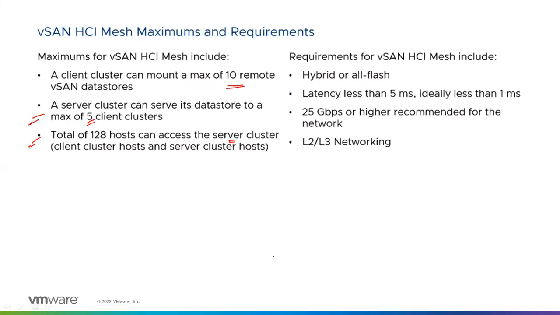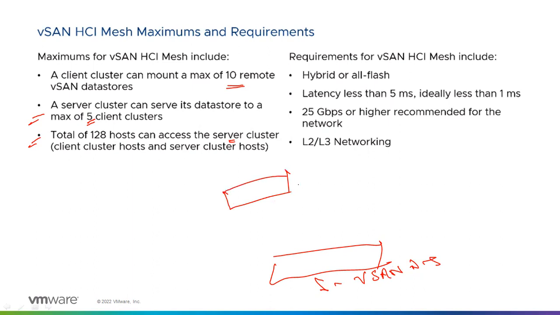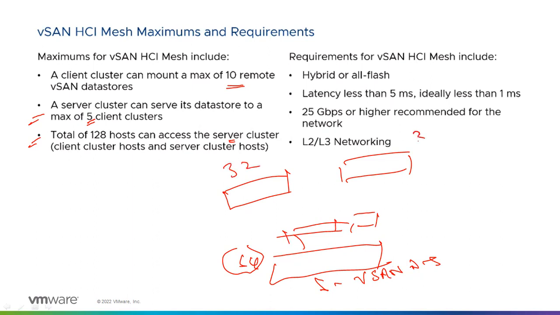Server cluster here means the cluster which is serving the vSAN data store. So if it has a total of 64 hosts, and some are local, then the rest are like 32 from here and 32 from here.